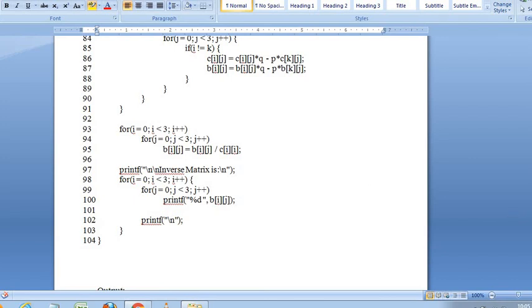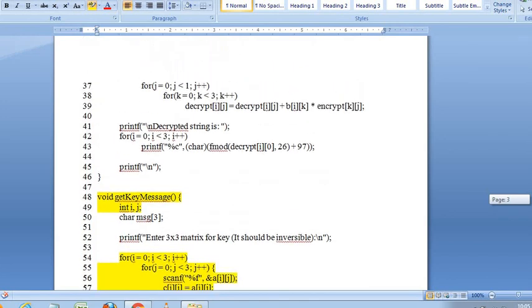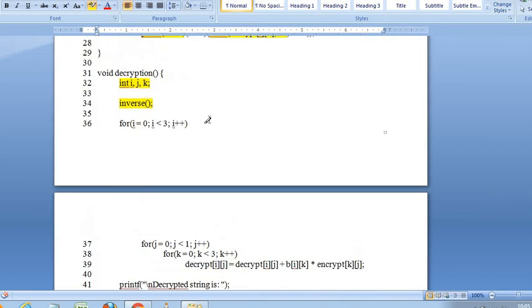After finding the inverse matrix, it will be returned to this place, and here the decrypted string will be multiplied.